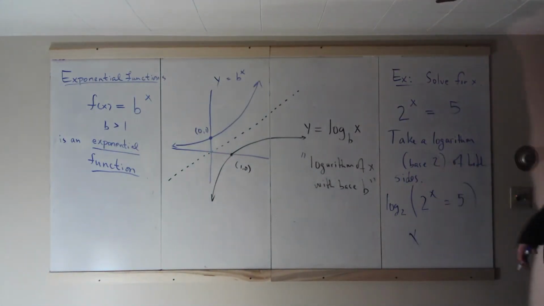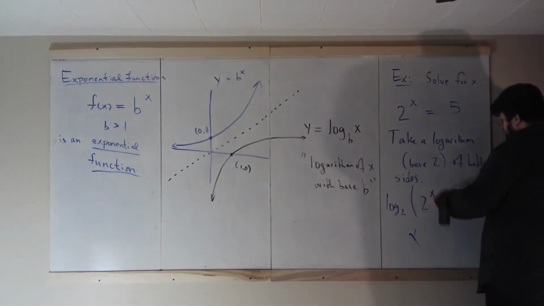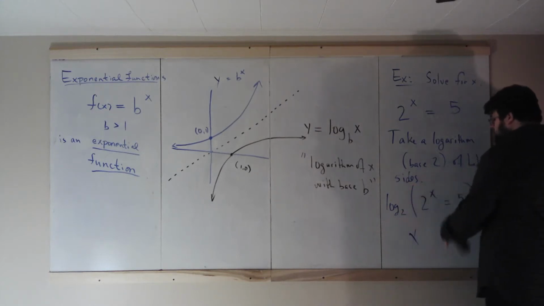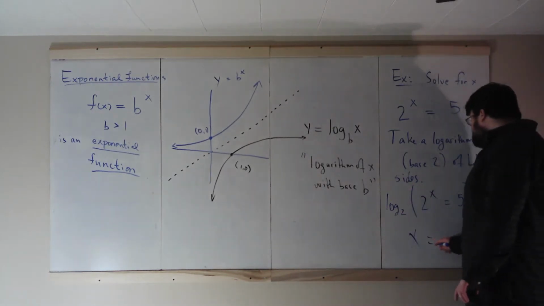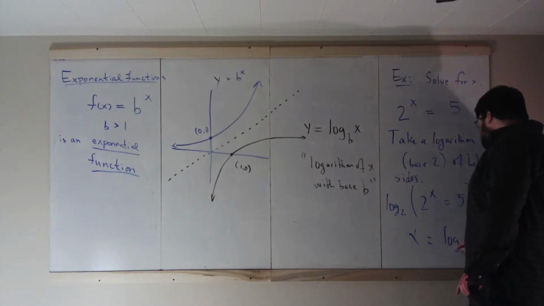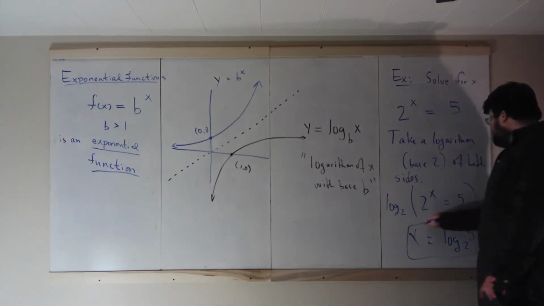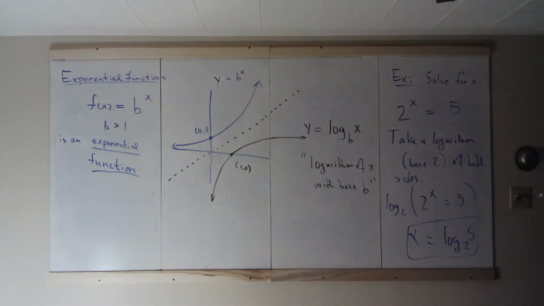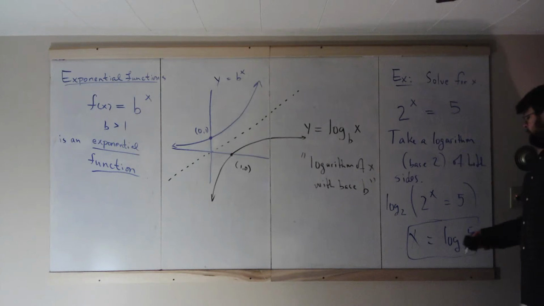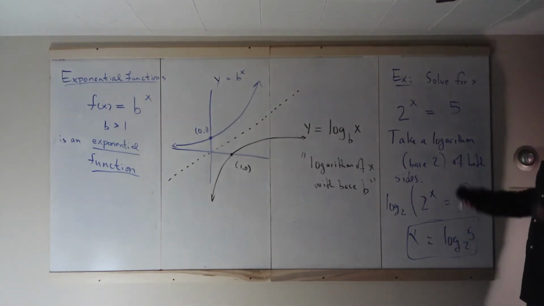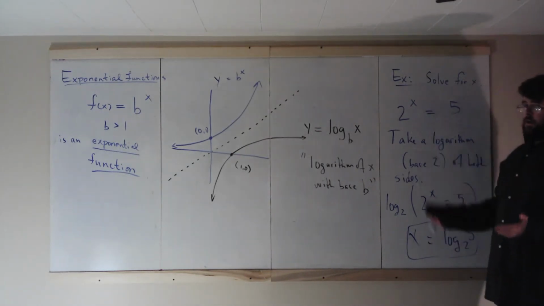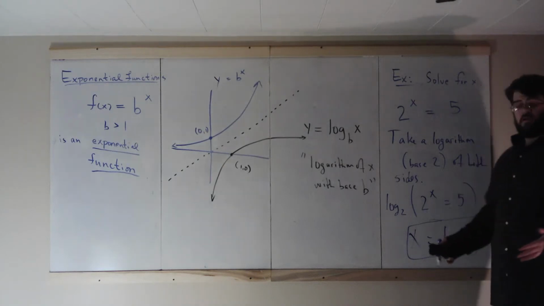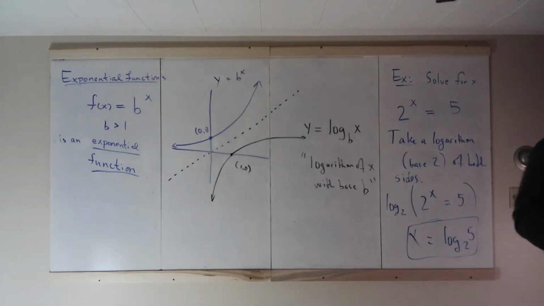So on the left side, logarithm of 2 to the x with base 2 is just x. And on the other side, logarithm of 5 with base 2 is just log of 5 with base 2. And you don't have to simplify that. I mean, the right side really can't be simplified. So here, we used a logarithm to solve for x. It's very, very important.